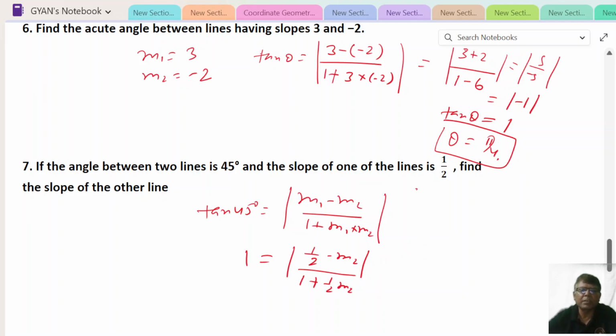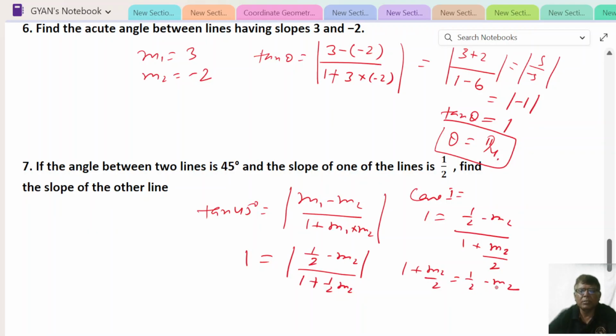So we'll take case 1. When it is positive, then 1 is equal to half minus m2 divided by 1 plus m2 by 2. So 1 plus m2 by 2 is equal to half minus m2.